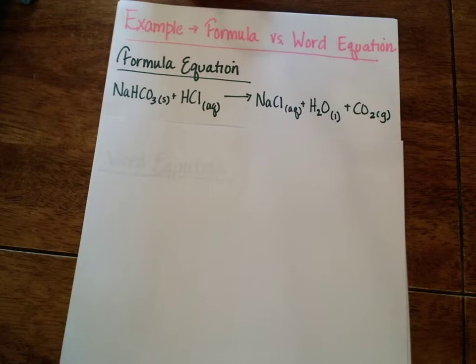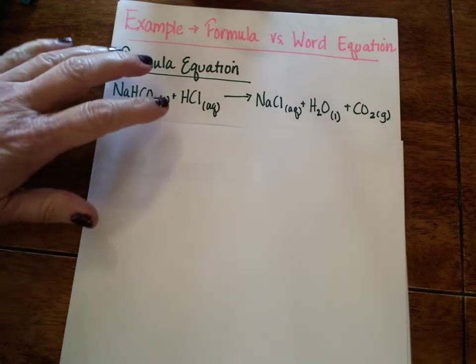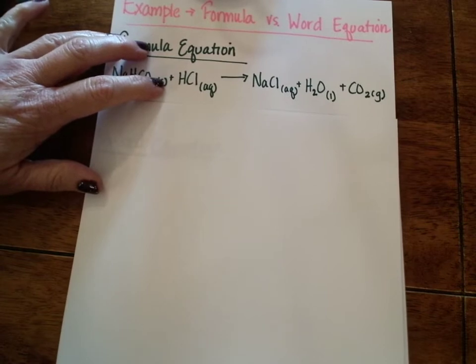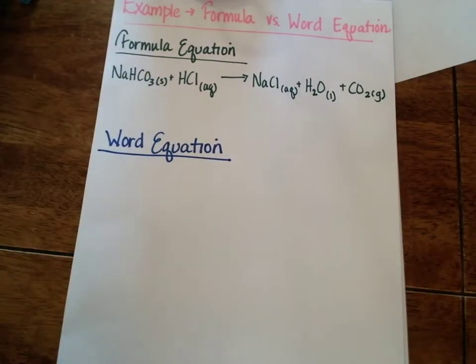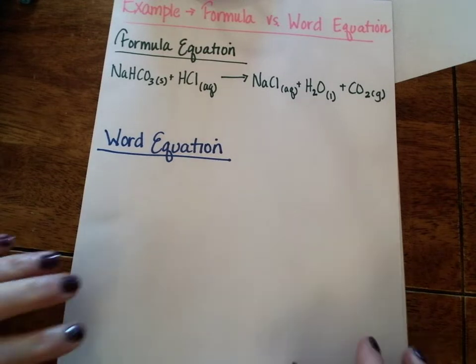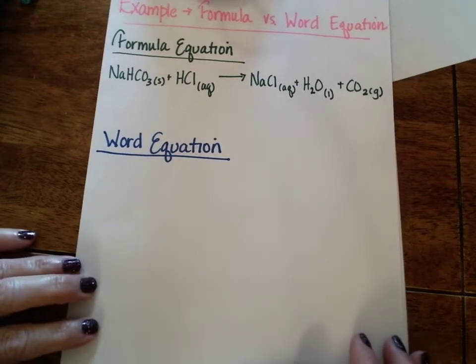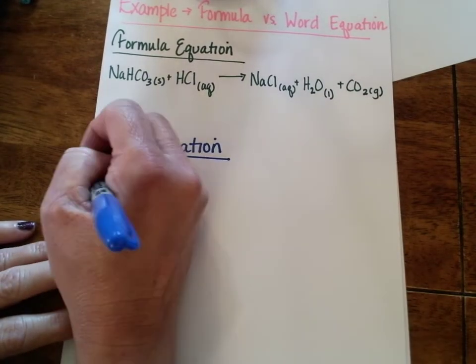That's the way I like to do it, as long as you understand it, because it's much quicker and much easier for you guys who don't like things that are lengthy. If I want to put it in a word equation, it becomes a little bit cumbersome. I would write this out like this.